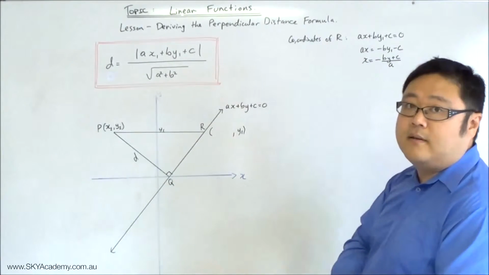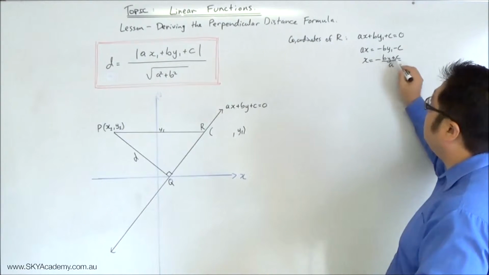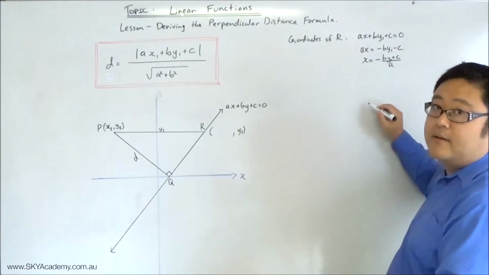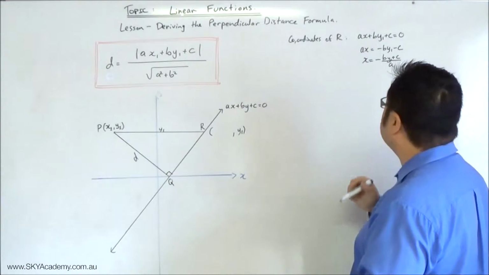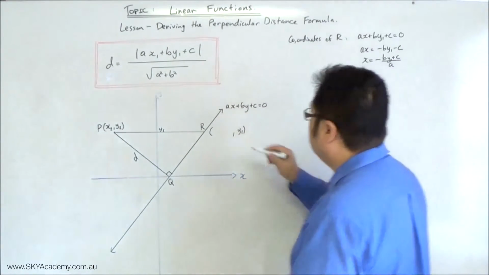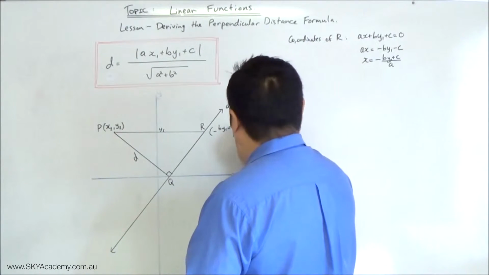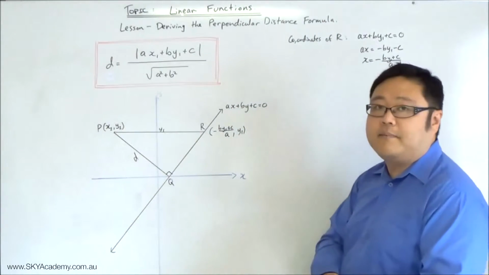Does that make sense? And the reason why this is plus here is because this minus is distributive over the by1 and the c. Okay? So the x-coordinate is equal to minus (by1 plus c) all over a. Does that make sense?